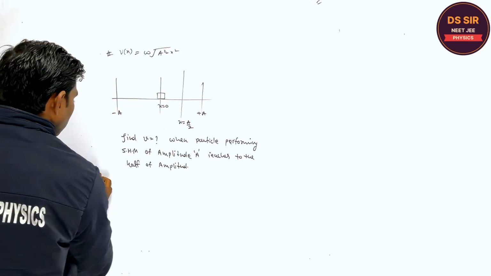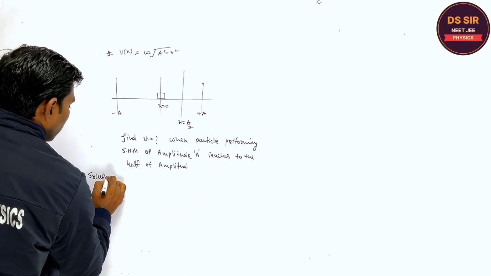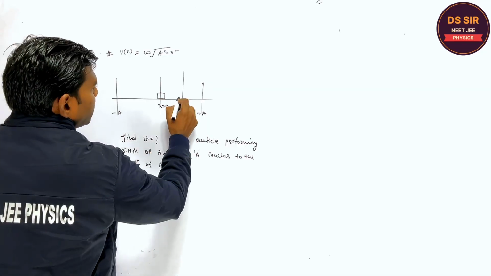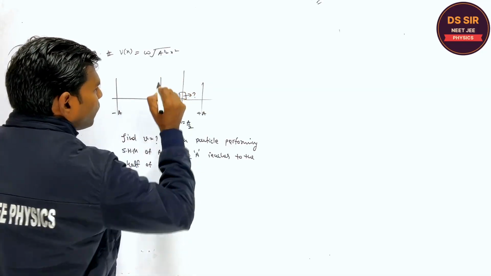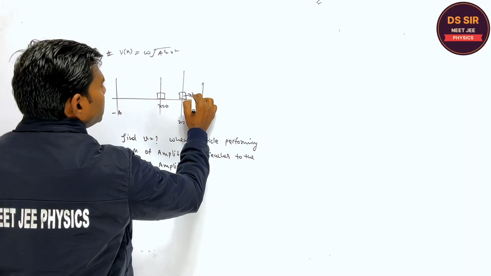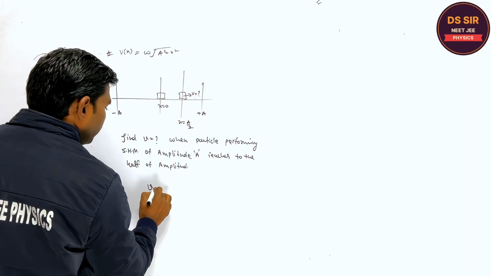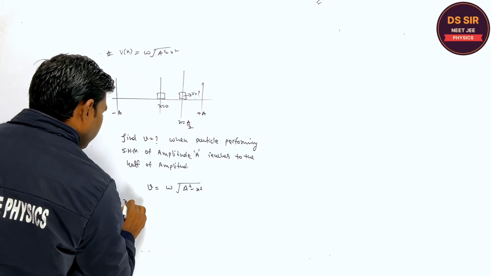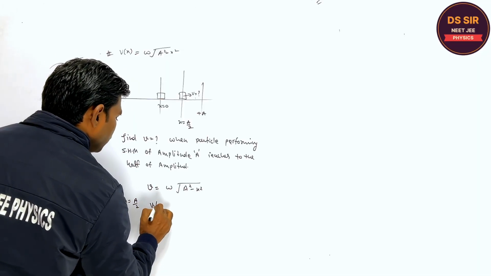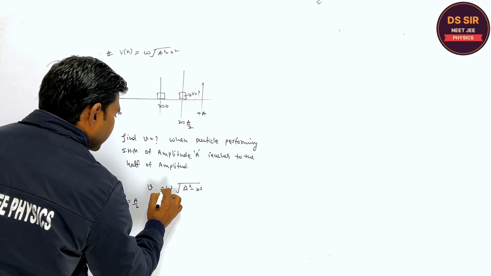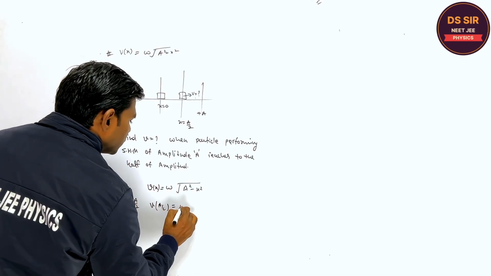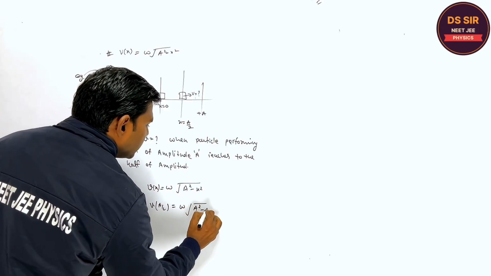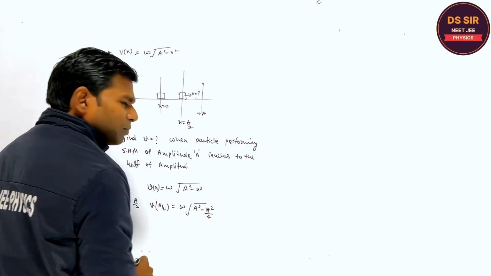Simple. You will use the formula. And what is that formula? Please tell. Here the velocity we have to find. So we will use the formula, and the x value we will put a by 2. So if you put the x value a by 2, v is equal to omega root over a square minus a square by 4.